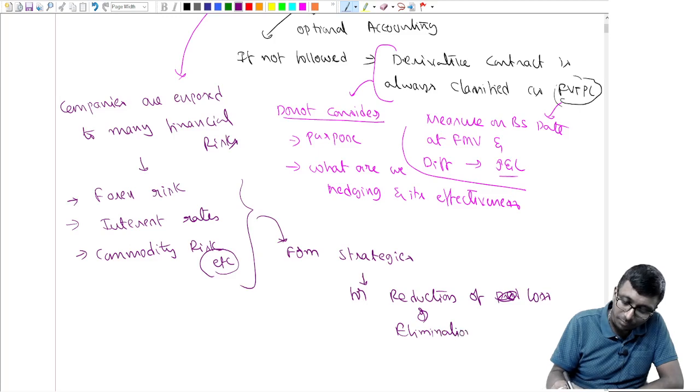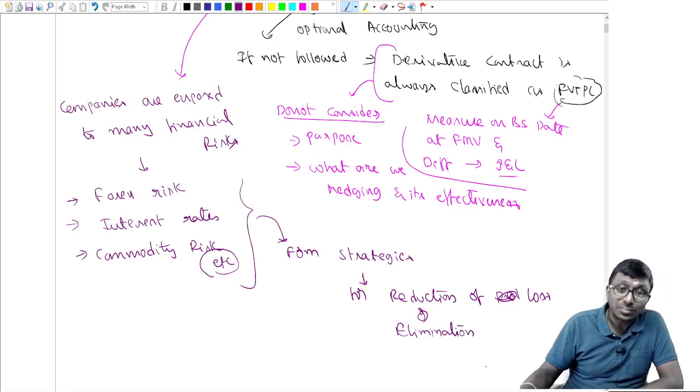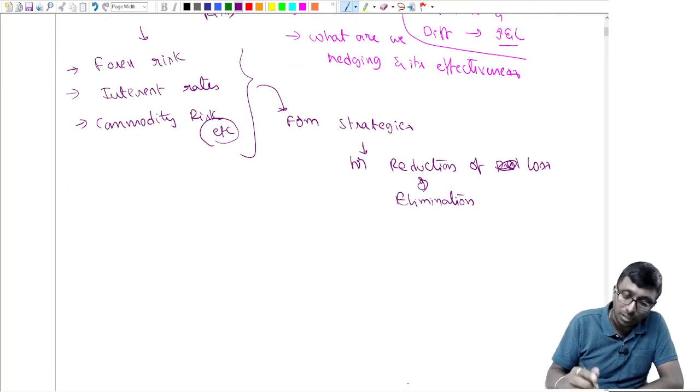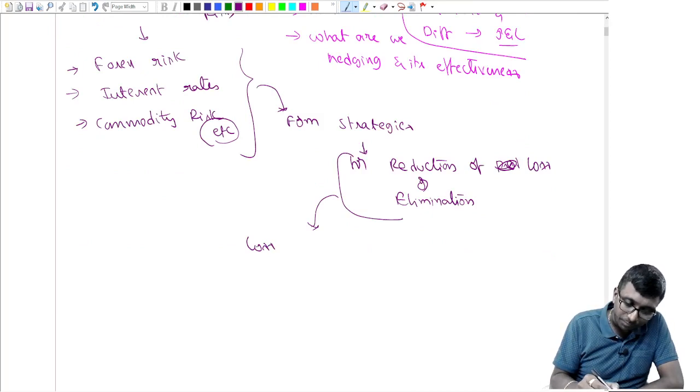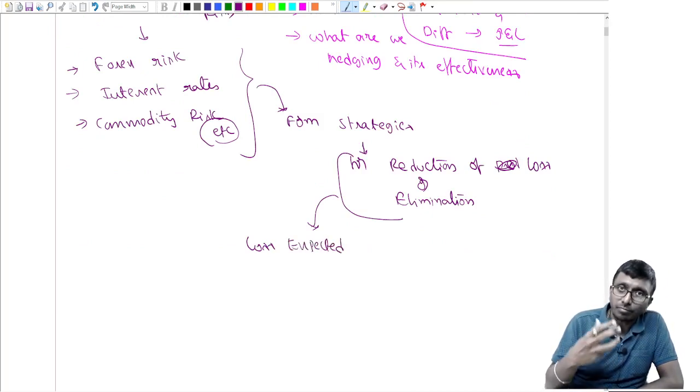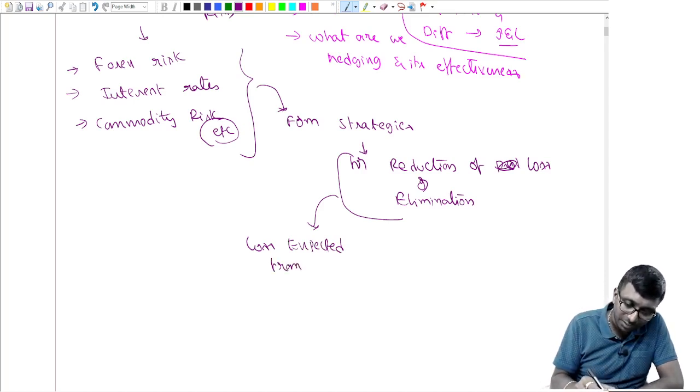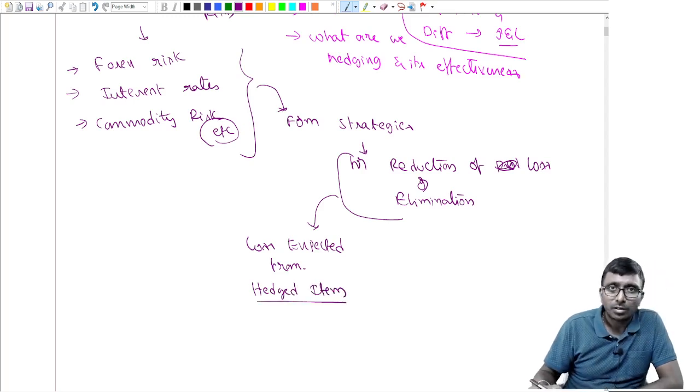What do you mean by elimination exactly? Whatever loss is expected, from where is it expected? From our asset, or rather, to use the correct word, from the hedged item. What is a hedged item?